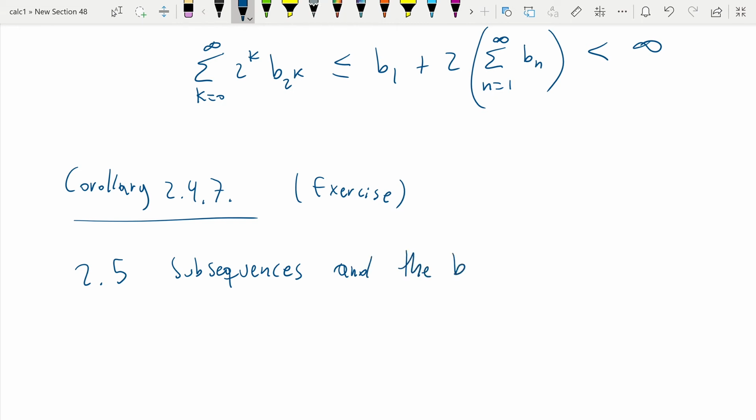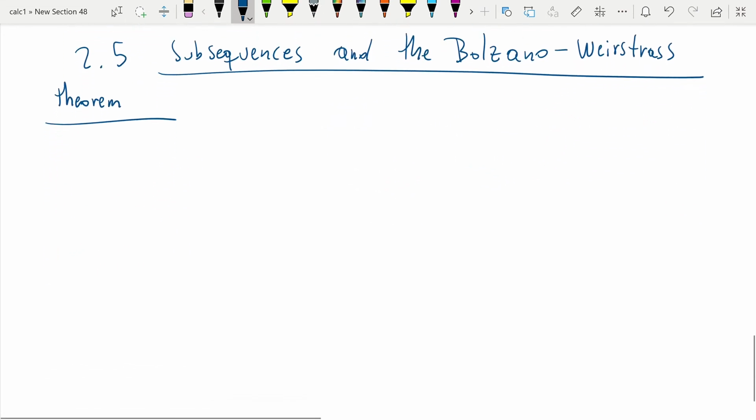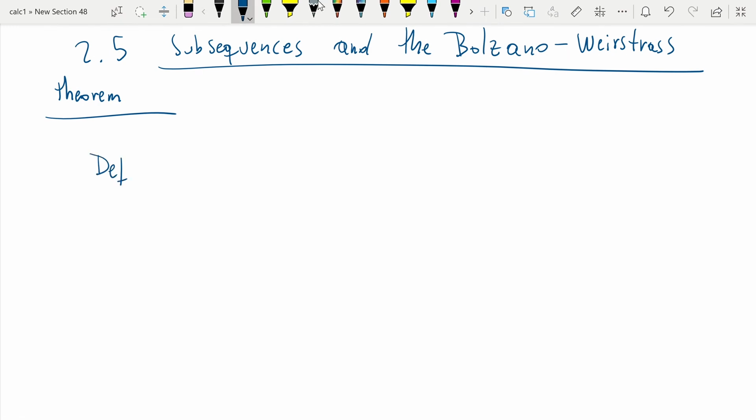And the Bolzano-Weierstrass theorem. Okay, as I said, we need to start moving a little bit faster, so this is just a definition.